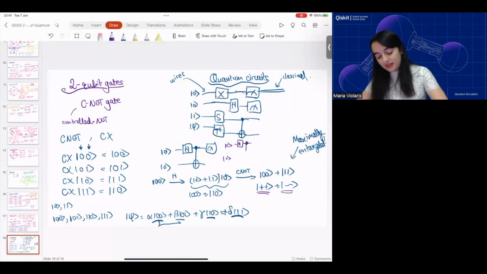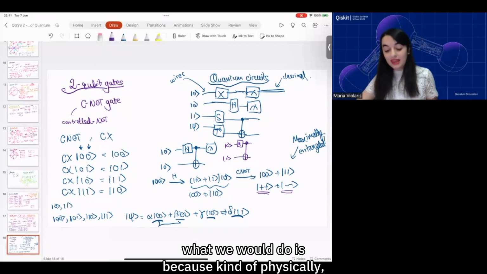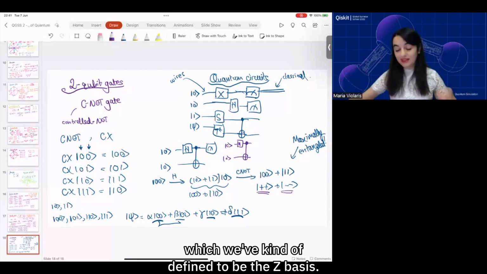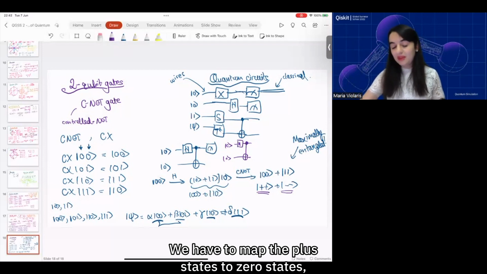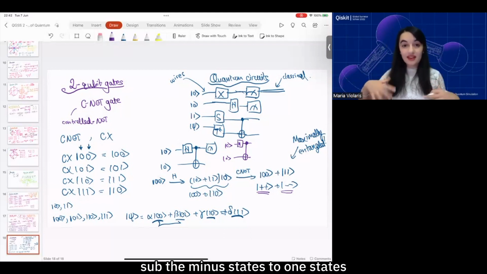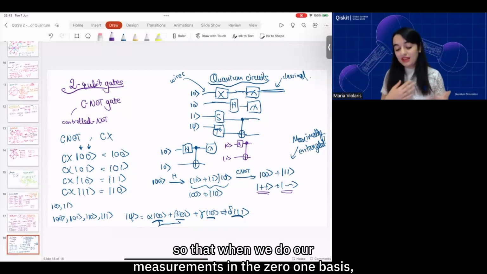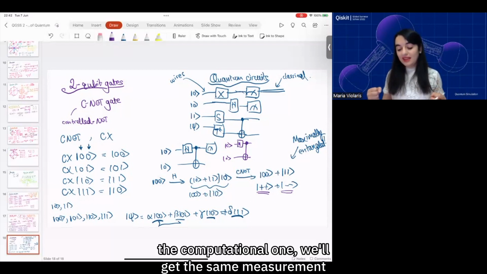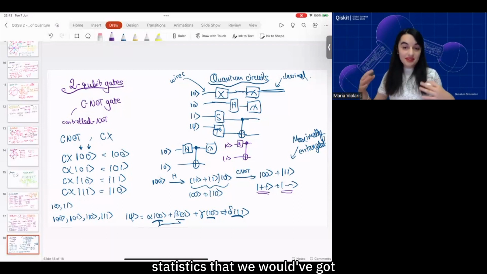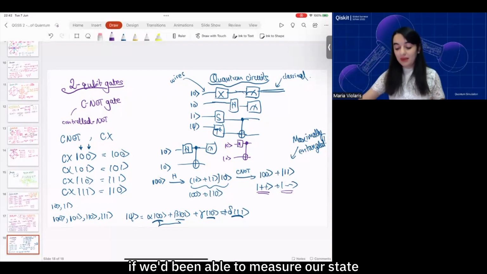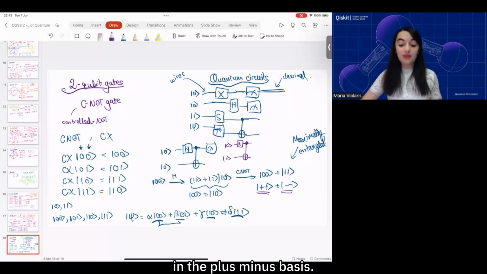Physically we can only measure in one basis, which we've defined to be the Z basis, so we have to map the plus states to 0 states and the minus states to 1 states, so that when we do our measurements in the 0-1 computational basis, we'll get the same measurement statistics that we would have got if we'd been able to measure our state in the plus minus basis.